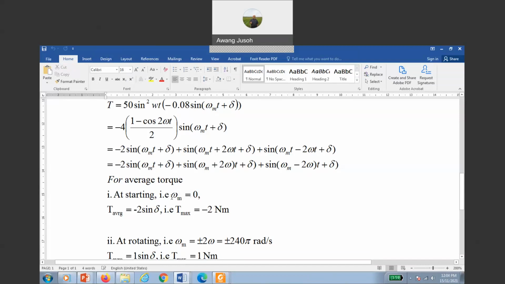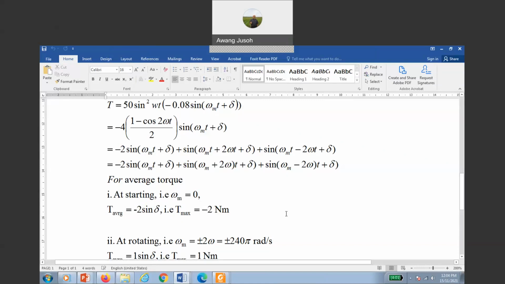So the torque at starting is negative 2 sine delta, and the maximum happens when delta equals 90 degrees. That happens when the position between the stator and rotor winding is at a 90 degree phase shift, so we have maximum torque at that position.